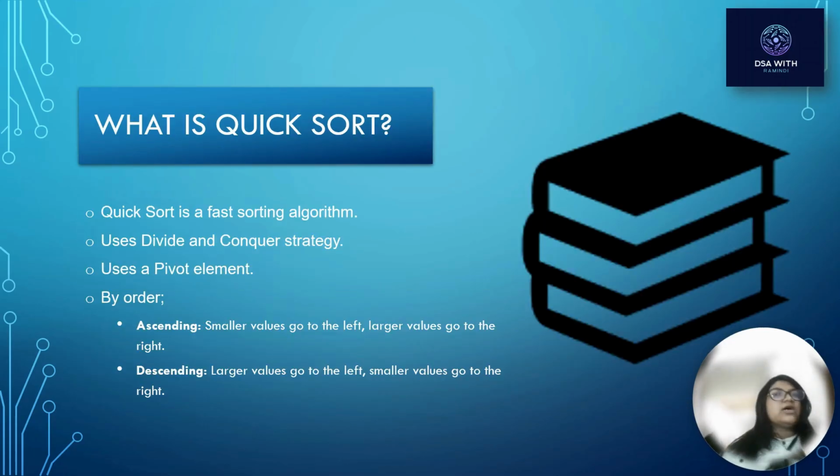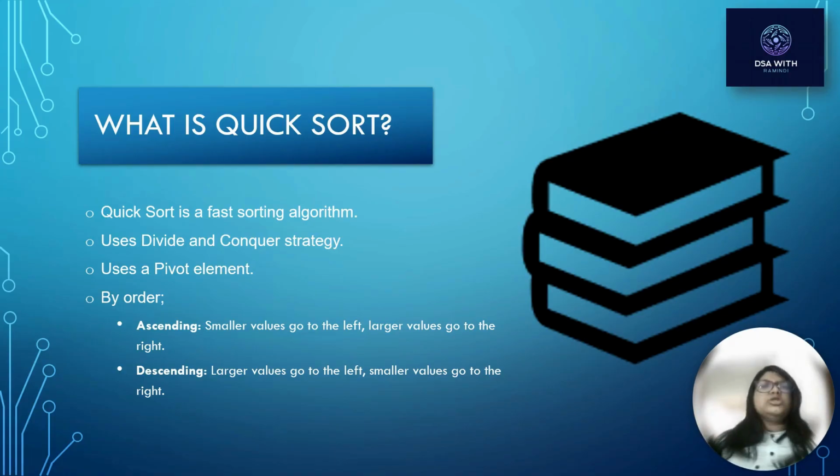So what is the core secret behind quicksort? First, it is incredibly fast, and it achieves this speed by using a classic programming paradigm known as divide and conquer. Instead of looking at a messy pile of numbers all at once, quicksort selects one single element from the array to act as a baseline referee. This referee is called the pivot element.